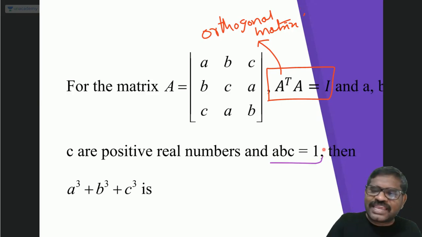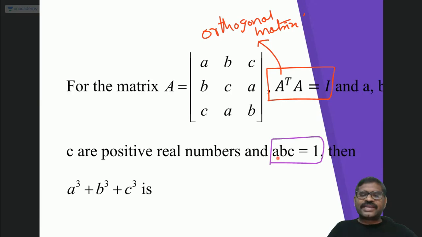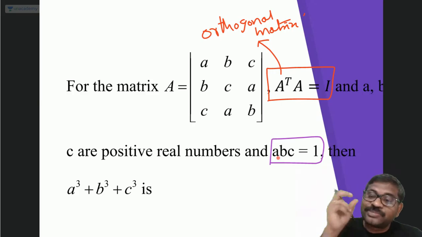Then the value of A cube plus B cube plus C cube is, please remember, you have to recall formulas of algebra. Formulas of algebra means you might have studied them in 8th standard.